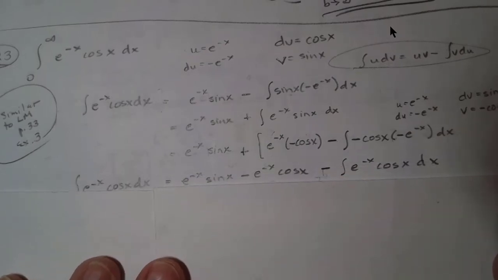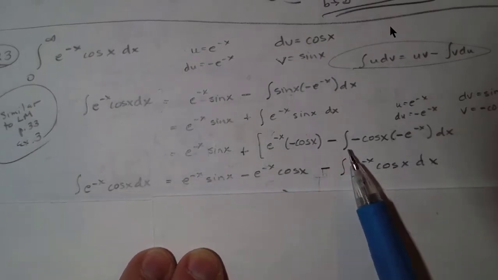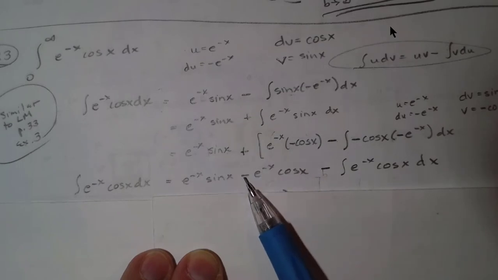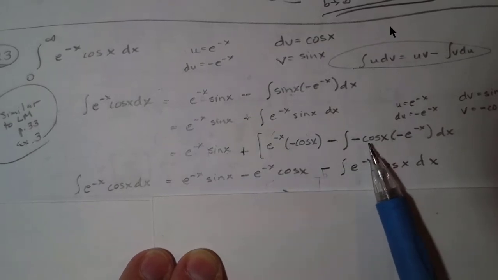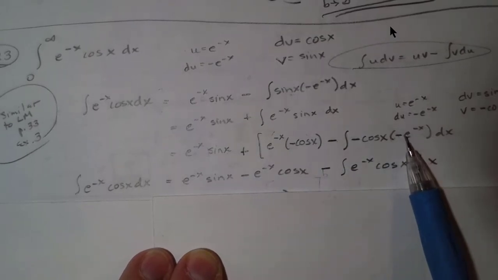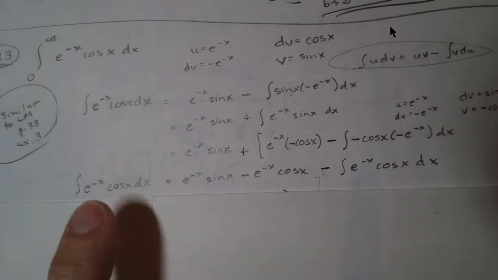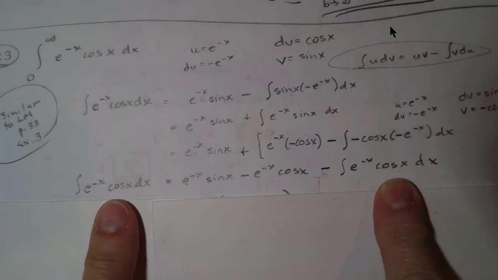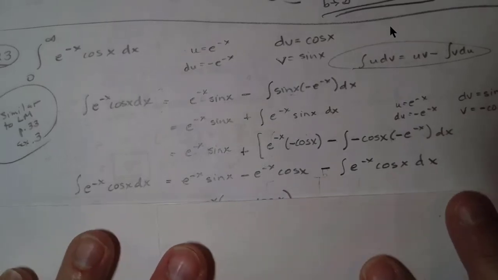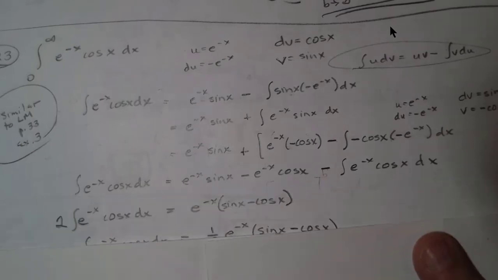Now, I can bring this negative here, and this negative makes this positive, and that leaves a negative out in front. And notice, on both sides of the equation, I have the integral of e to the negative x cosine x dx. So let's just add this one over to the left-hand side.